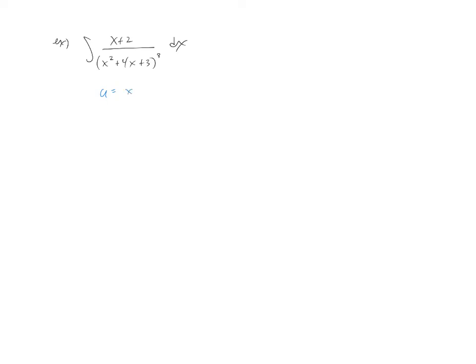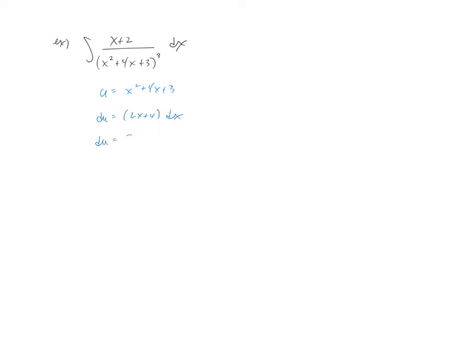If we let our u equal x squared plus 4x plus 3, that's great, but I still have the x plus 2 and the dx off to the side that I have to account for. Fortunately, though, when I take du, which gives me a 2x plus 4 dx, I still have some stuff there to play with.